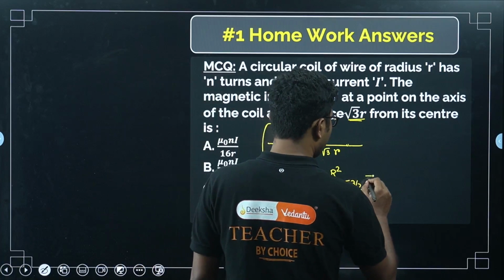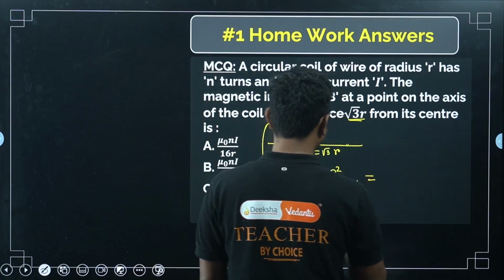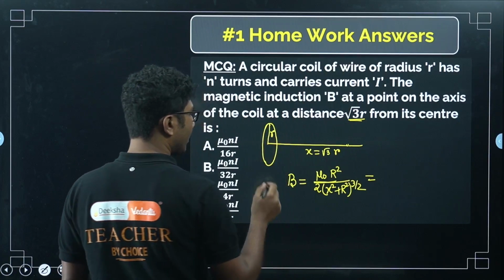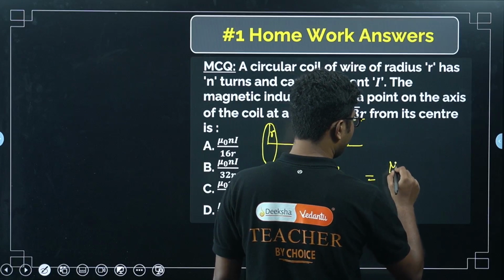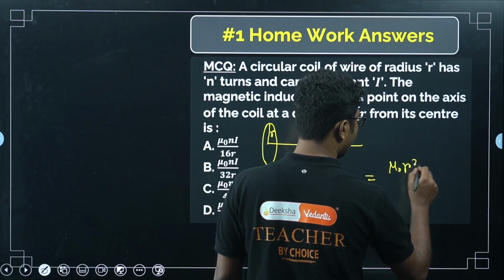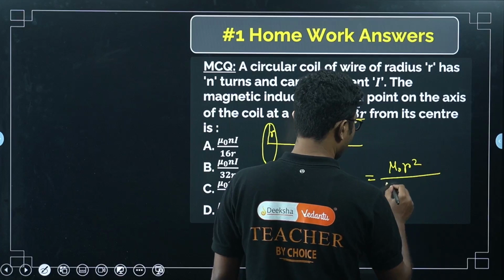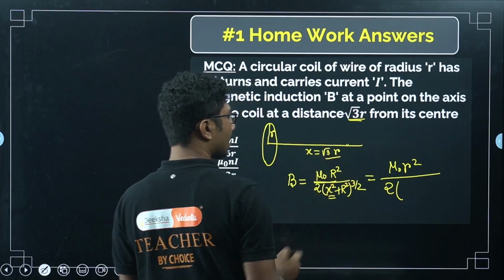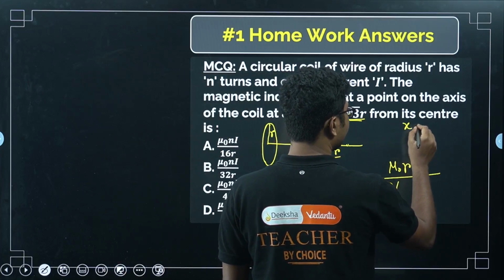Now in this case, it is mentioned that the radius itself is small r. So instead of writing capital R, we will write small r square divided by 2 times, now x is given as root 3 r.